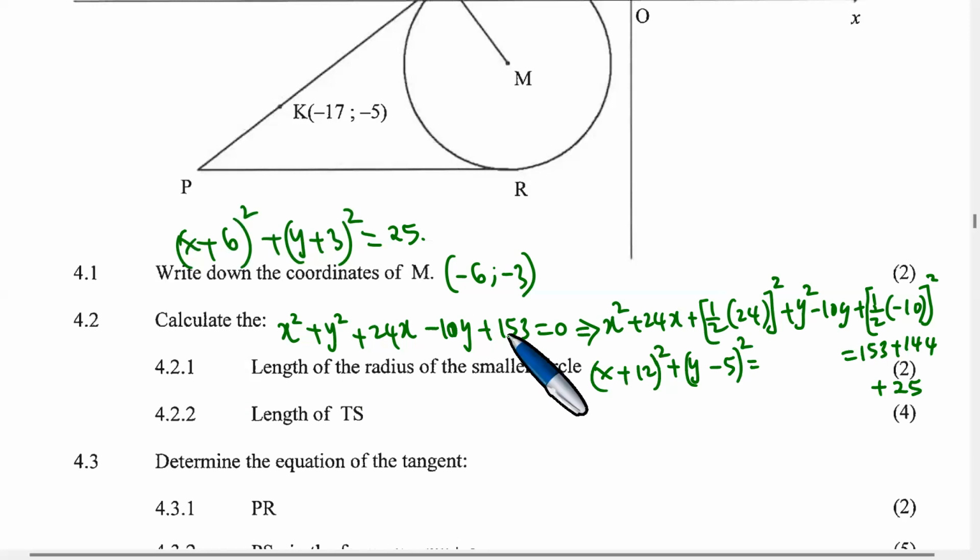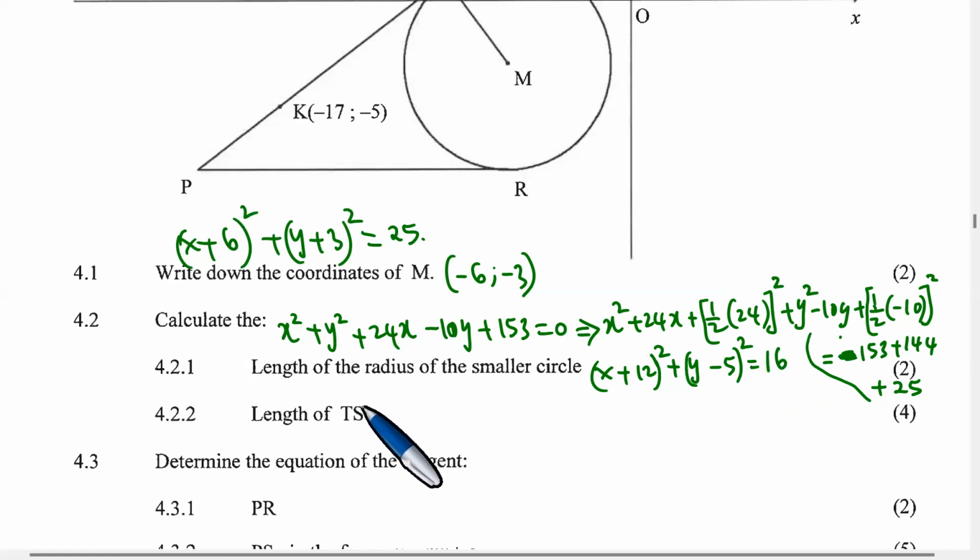Look at the fact that the 153 was positive and therefore it's going to become negative, minus 153. And then if you have minus 153 plus 144 plus 25, the answer is 16.